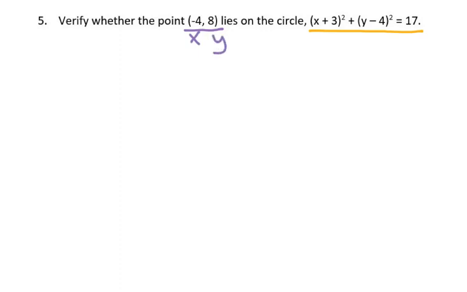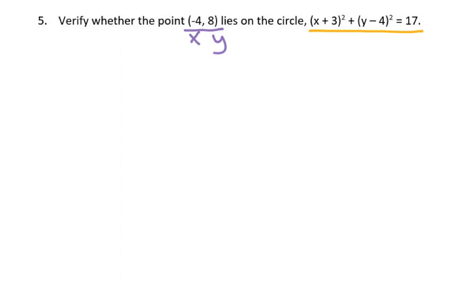If it is indeed true that when I plug (-4, 8) into my equation for x and y, and it equals 17, then I know that the point makes the equation true, and therefore it lies on the circle. So I can go through and plug everything in and see what happens.